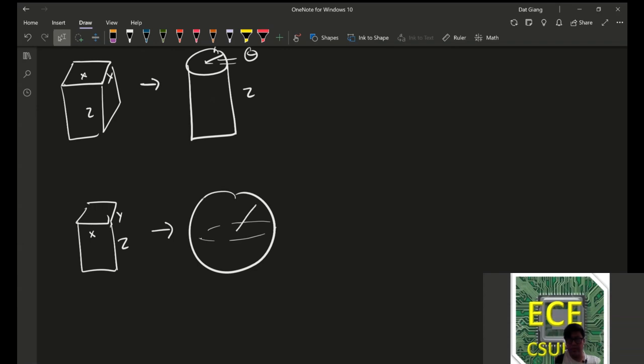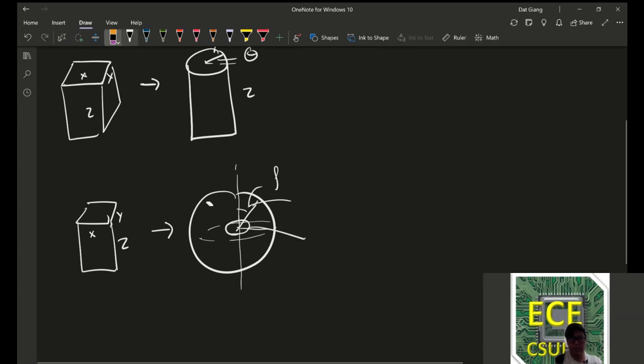So we have rho, the angle over here is phi, and the angle as it goes across is theta.